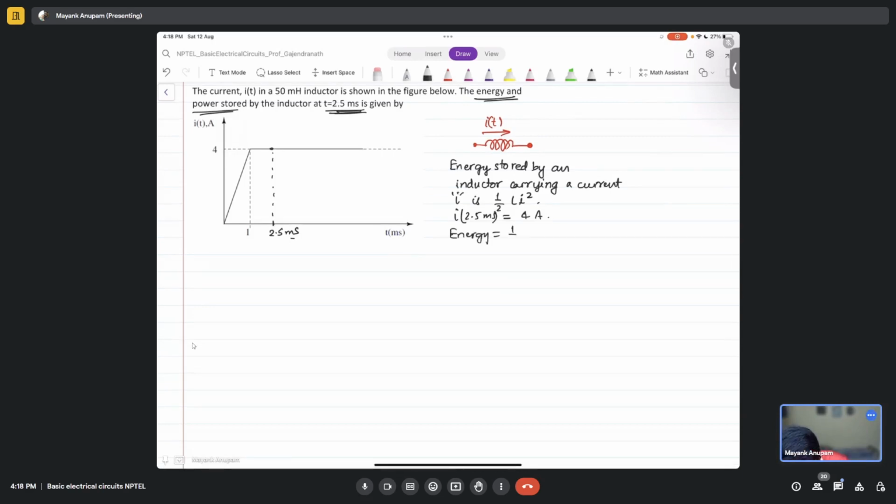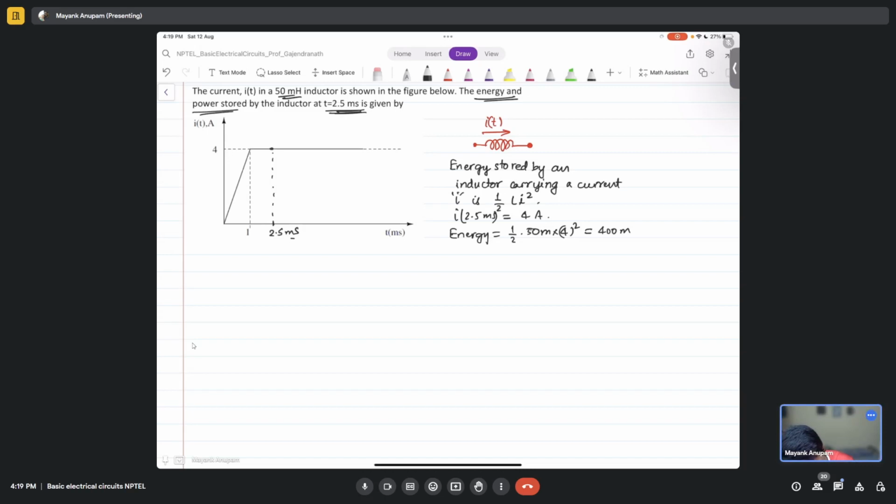Energy is half into inductance, which is 50 millihenry, into 4 square, which is equal to how much? 400 milliwatt?